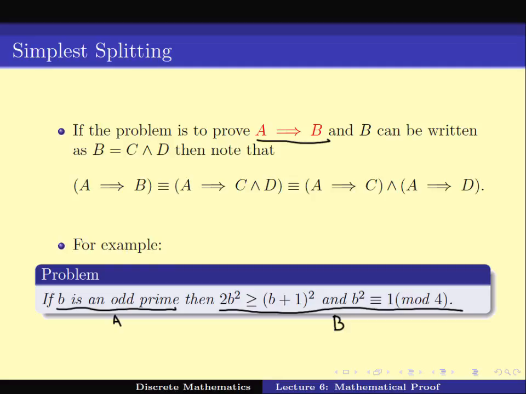Clearly here, the B can be split into two parts, namely this part and this part. And that is what we will be doing. This will help us to solve it. So if this is C and this is D, we can have A implies C and A implies D.